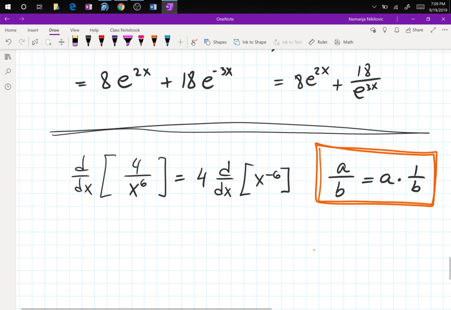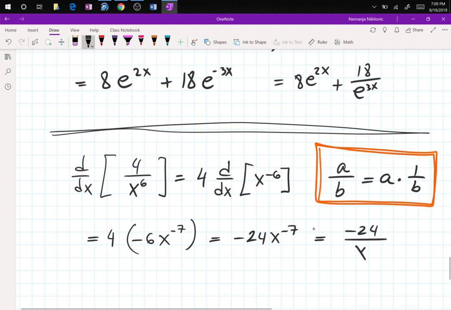Right now we are working on this mundane problem over here, but it's coming up. So I kick this 4 outside, right? And I have my negative 6x to the negative 7. And that's going to be negative 24 x to the negative 7, which now is negative 24 over x to the 7.